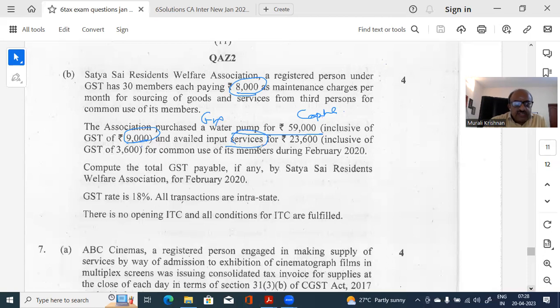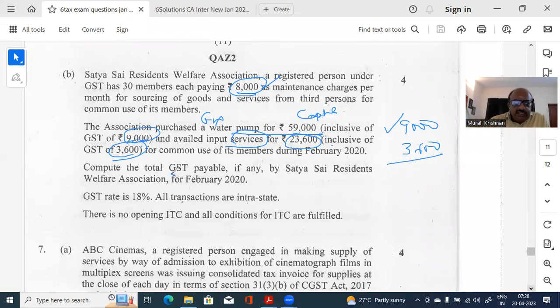Input services, other than this, 23,000 they have got, inclusive, out of which 3,600 is the GST input. So GST input is how much? 9,000 for the asset and 3,600 for services. So total is so much. Now, can we take this? Yes, because entirely this amount is taxable. Therefore, the total amount, even input on fixed assets, can be claimed.